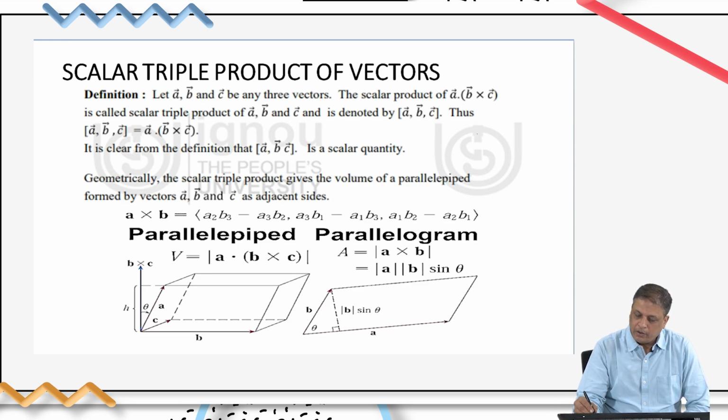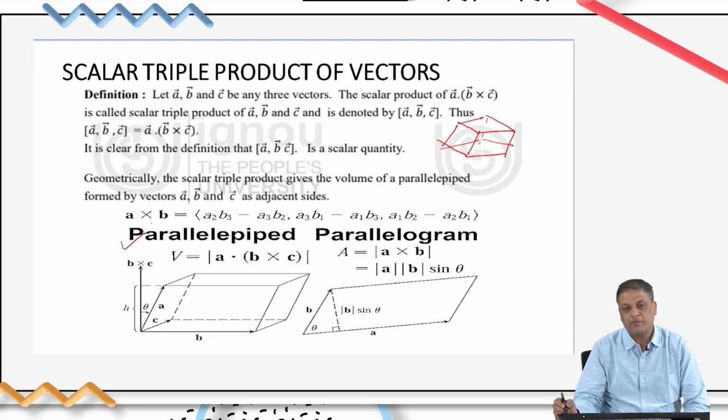Now, one more thing I would like to emphasize, that if this is our parallelogram and if we sweep this parallelogram along in this direction, then it will sweep a geometry which is nothing but a parallelepiped. Now, how to find the volume of a parallelepiped?